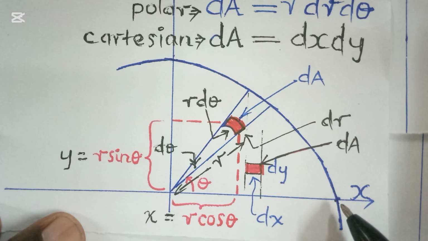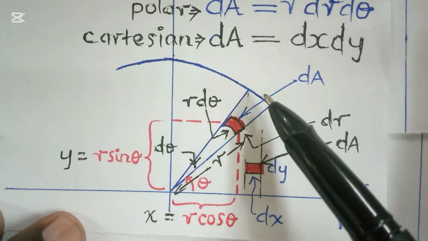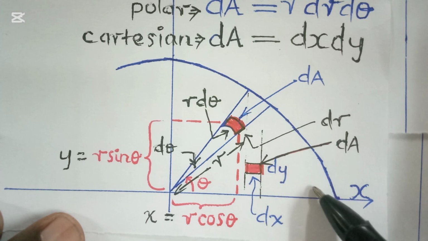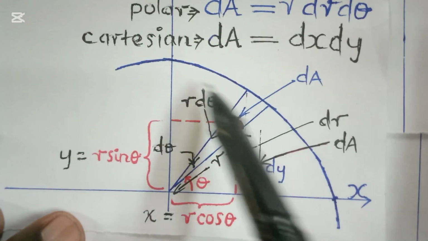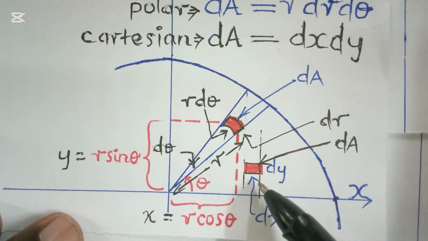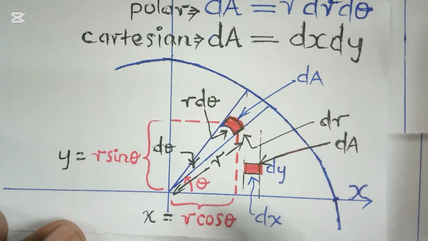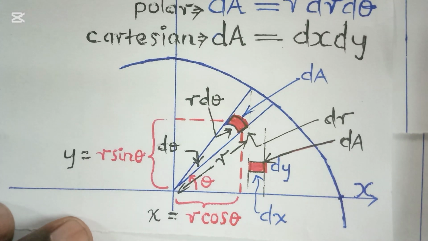That element runs from this point, that is 0, up to the radius. Then we can run that element along the circumference. And we have this one for the Cartesian, which we can run along the y-axis and then along the x-axis. So guys, we shall be using this diagram for that purpose.